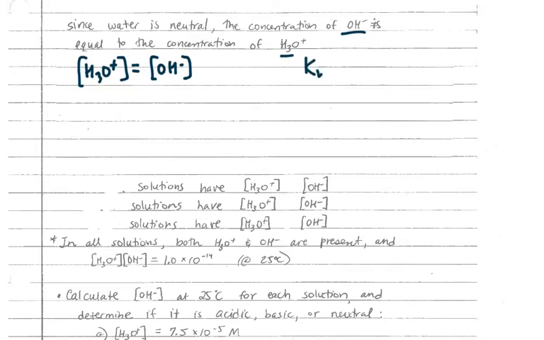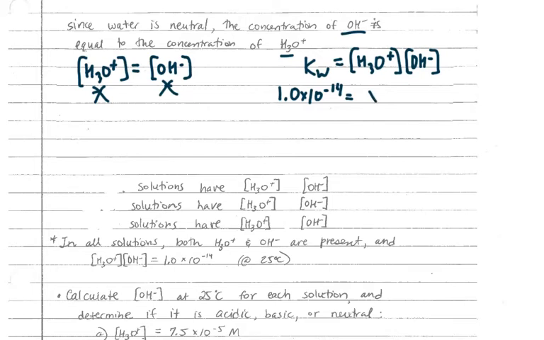And we know that the Kw of water is the concentration of hydronium times the concentration of hydroxide ions, all right, at 25 degrees, we know that this value is 1.0 times 10 to the negative 14th. And if we know that both of these values are equal, we can plug in an x for each one if we want to figure out what the concentration of each of these is in pure water at 25 degrees. We say that we have x amount of each, and x times x, another way of saying that is just x squared.